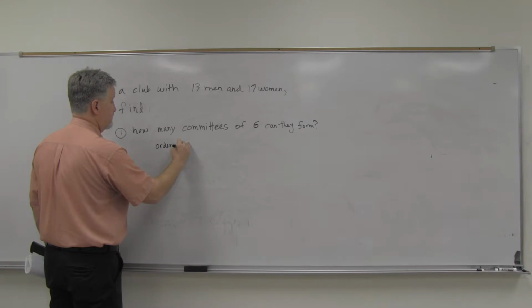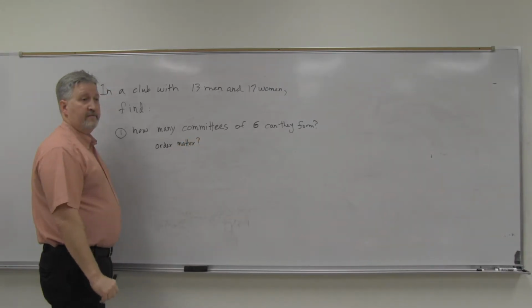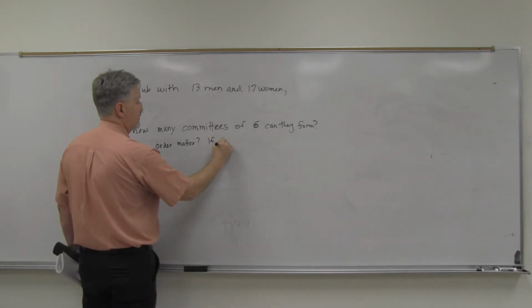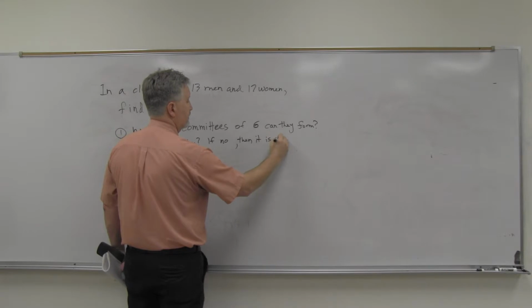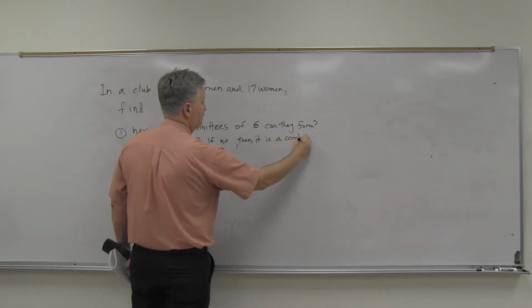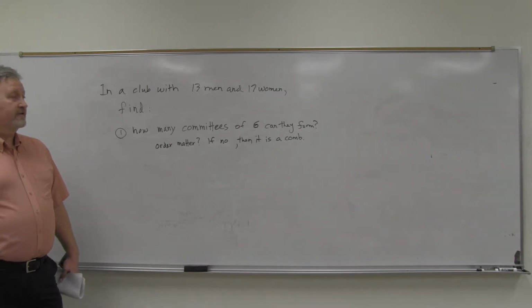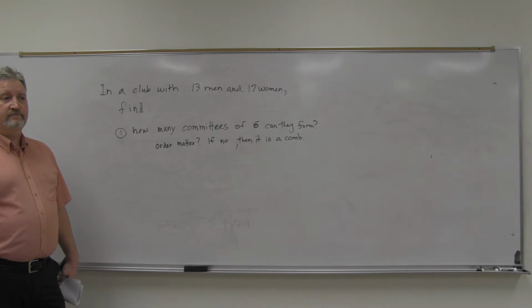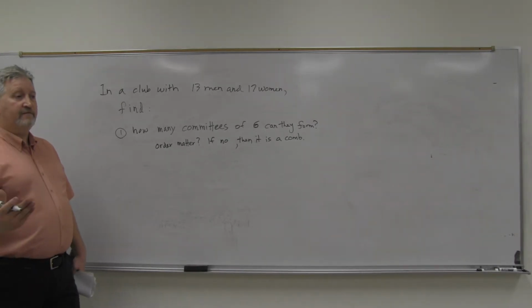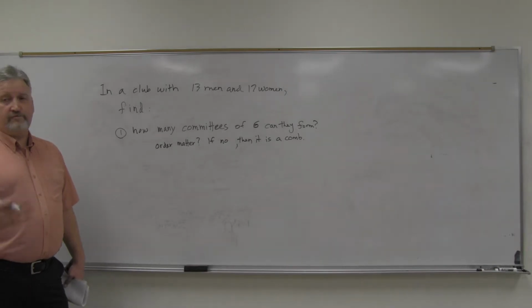If the answer is no, the order doesn't matter, then it's a combination. If the answer is yes, then use blanks. Basically, that's what it is. If the order doesn't matter, you use a combination. If order does matter, you use blanks.